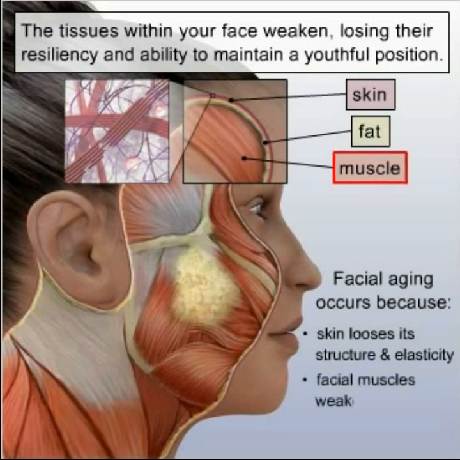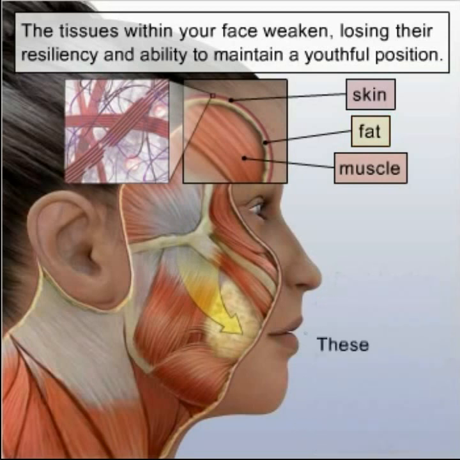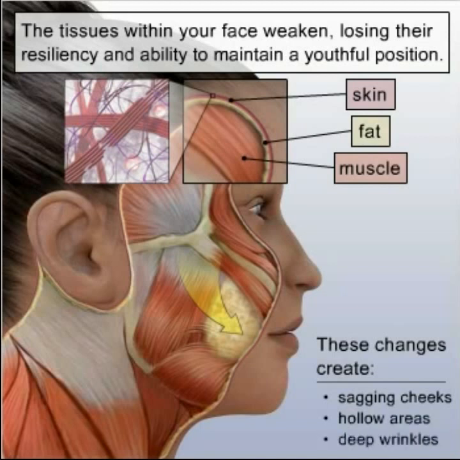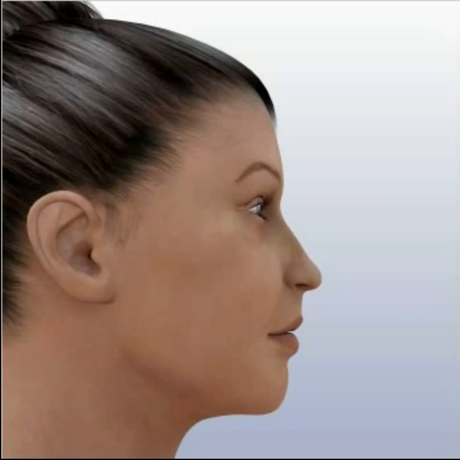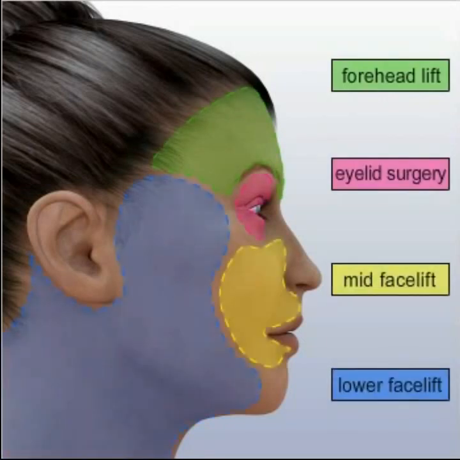Additionally, the facial muscles weaken and stretch, and fat deposits, which normally give the face a soft, rounded appearance, migrate downward and are depleted. In combination, these changes work together to create sagging cheeks, hollow areas, and deep wrinkles in the mid-face.